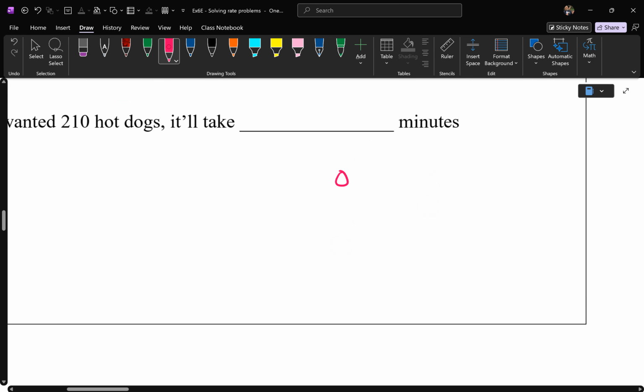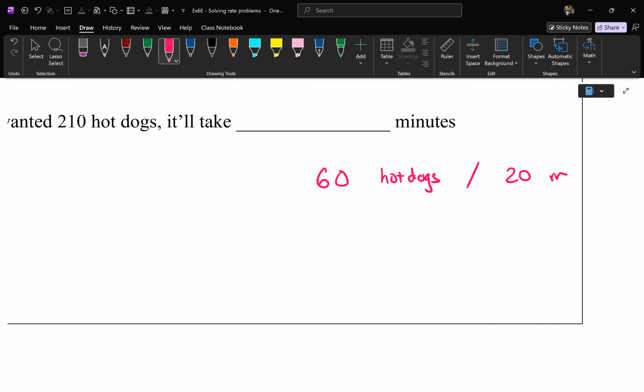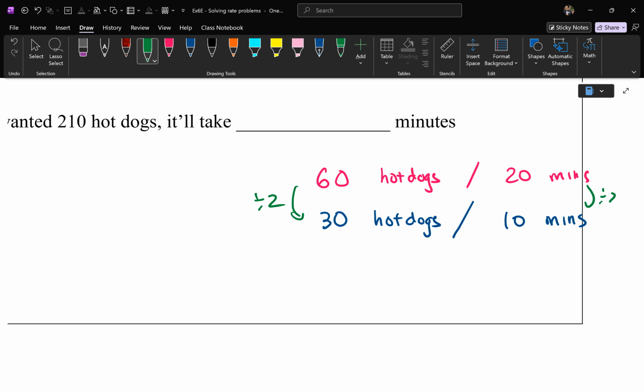So you started off with 60 hot dogs per 20 minutes. So what the other class did was they did, well, if I halve it, it's 30 hot dogs for every 10 minutes. Does that make sense so far? So if I just halved it, divided by 2, divide by 2.